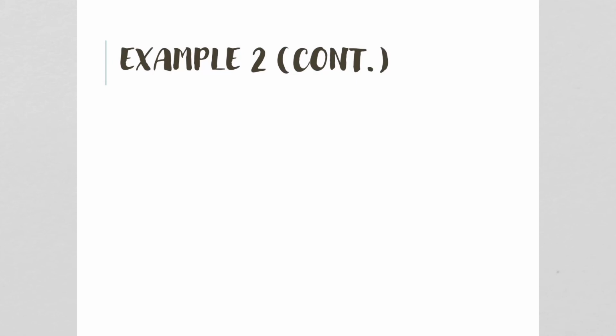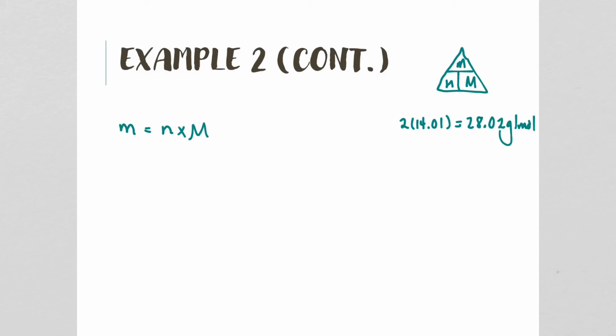Now that we have our moles of nitrogen, we can find out our mass of nitrogen using the number of moles is equal to the mass over the molar mass. So if we multiply by the molar mass, we'll find out the mass. So the mass of nitrogen is equal to the moles times the molar mass. And remember, nitrogen gas is a diatomic molecule, so 2 times 14.01 equals 28.02 grams per mole.